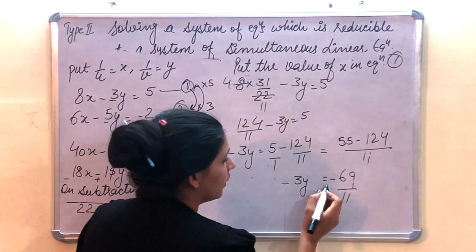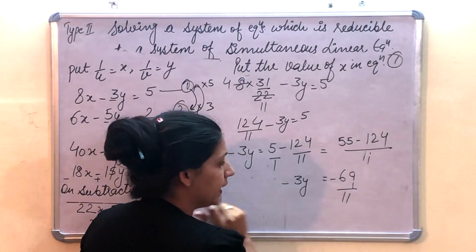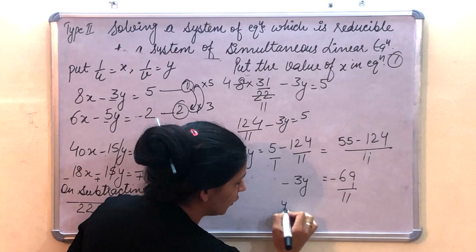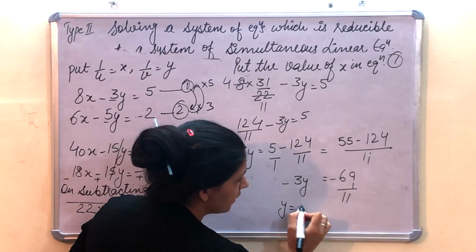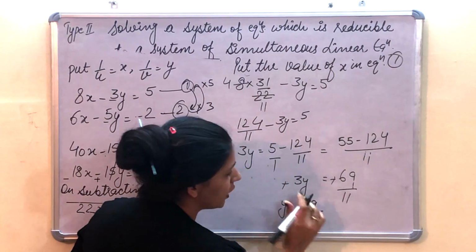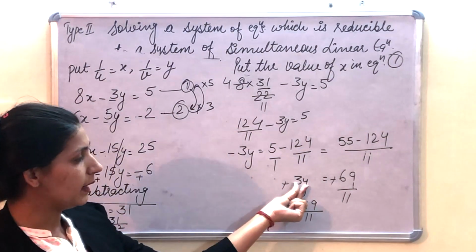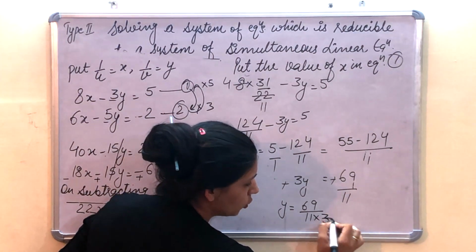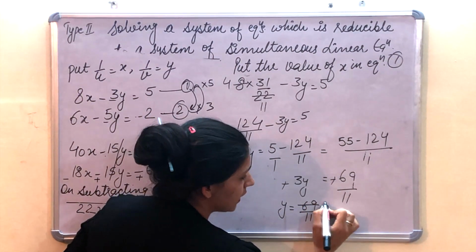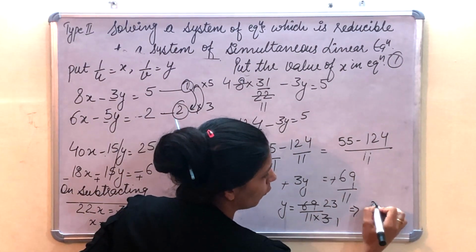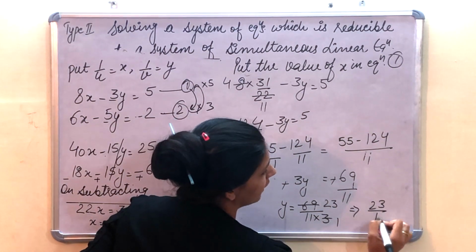So here negative sign cancel each other, or we are solving like this, that y, it is 69 by 11. We are shifting 3. Here 3 is in multiplication, on the other side it is in division. So 3 ones are 3, 3 twos are 6, 3 threes are 9. So what is the value of y? It is 23 by 11.